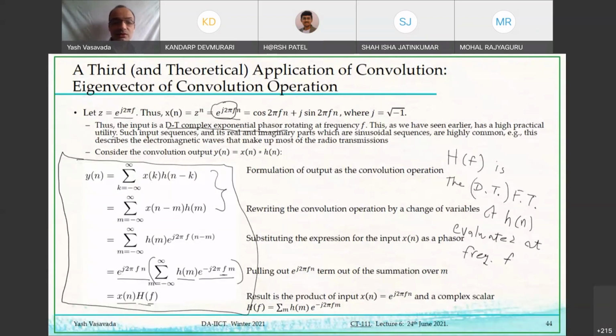So depending on what f I take, I'll get a different value of h of f. But the point is that this x of n, which is this complex exponential oscillating at f, through the convolution operation comes out as it was before. The only thing is that it can get multiplied or attenuated by some scalar. And that scalar is nothing but the Fourier transform at that frequency, the frequency of the input.